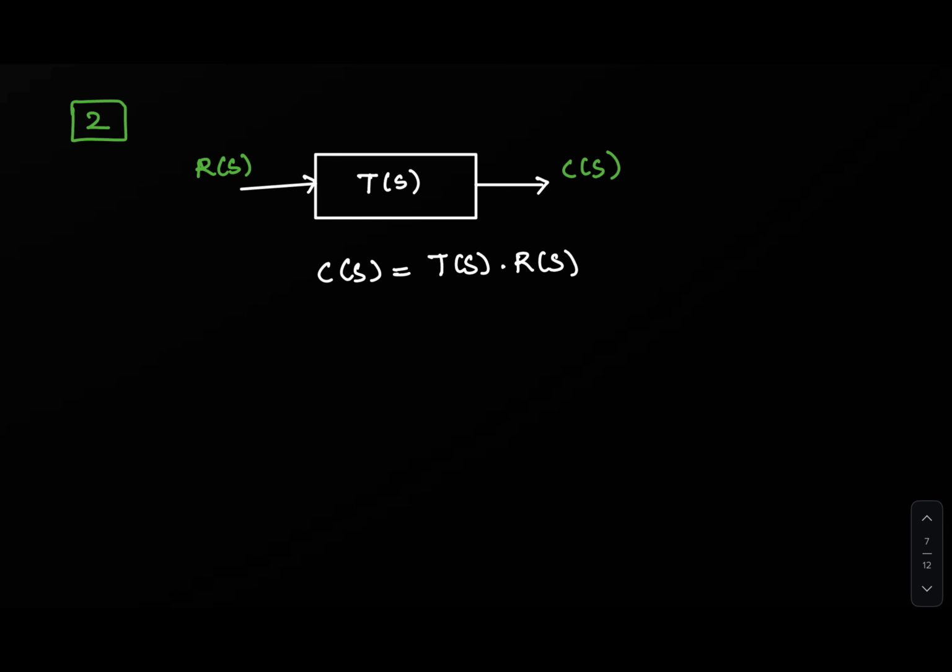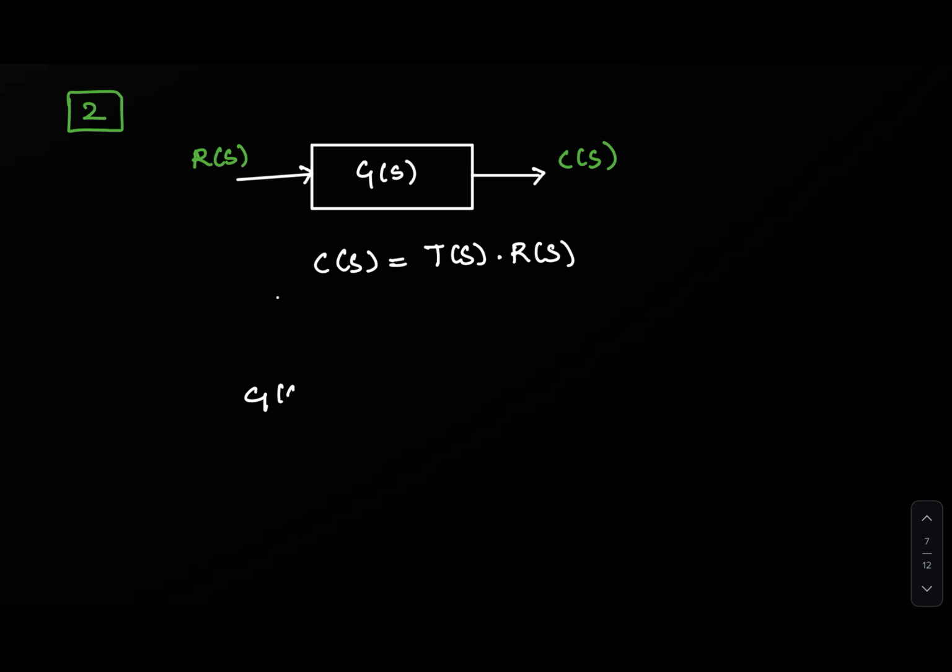Where this t, if you are getting r of s, this t of s will be replaced by g of s. So here my g of s will be my transfer function, or I can also call it the gain, gain of the system.